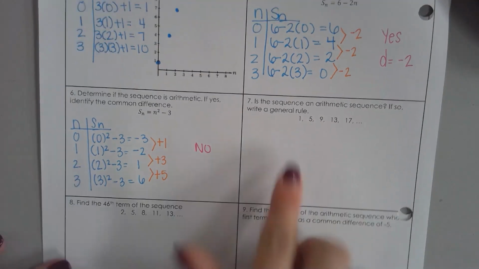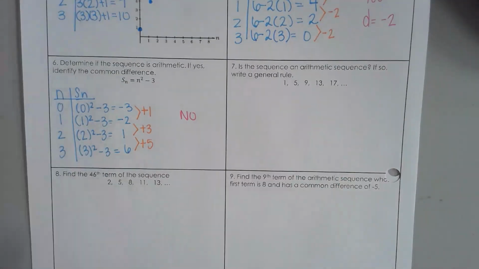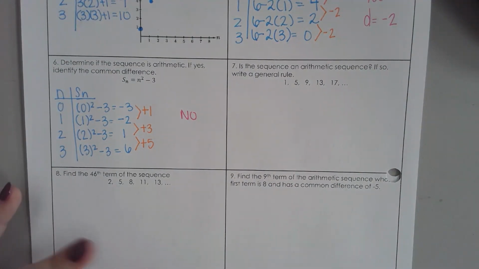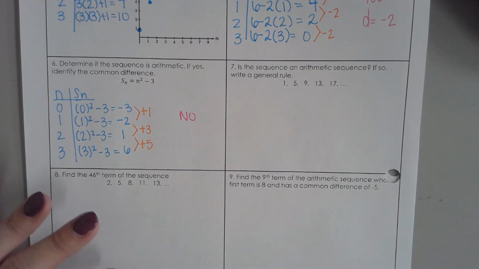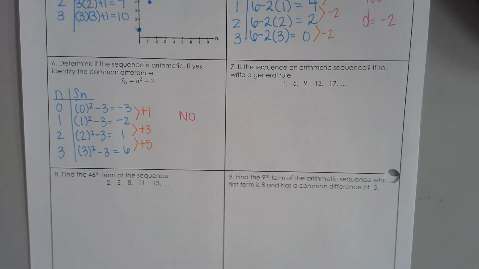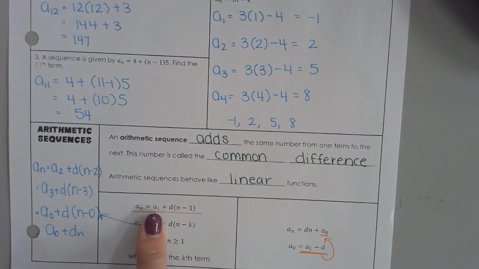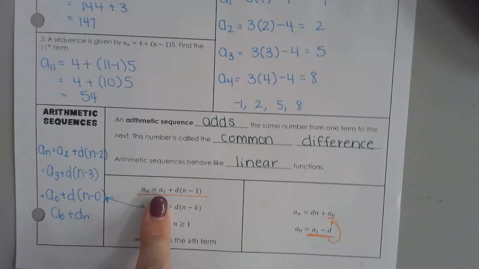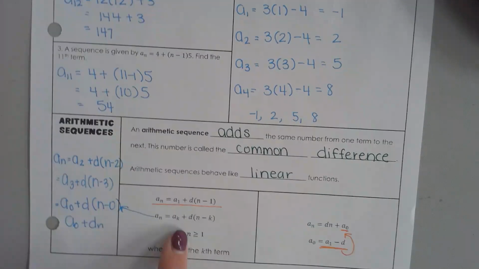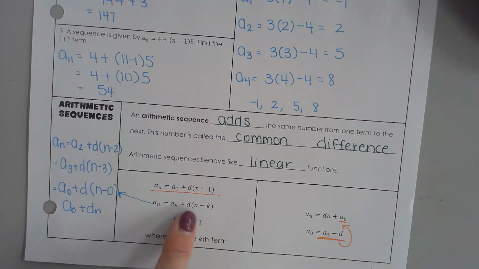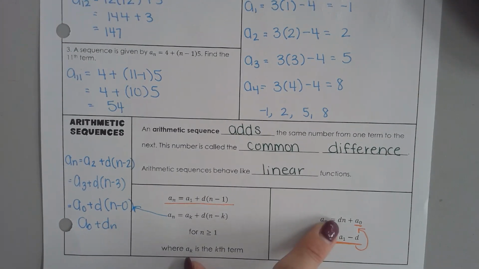So whenever you're writing these rules out, I want you to write the A1 form to help you remember options. I said this one, the dn plus a0.